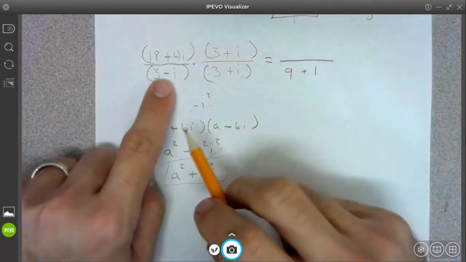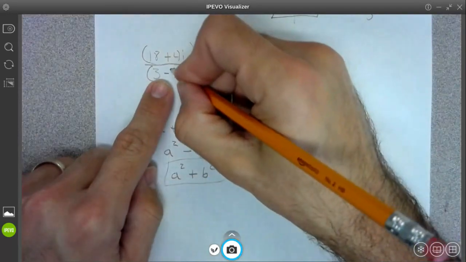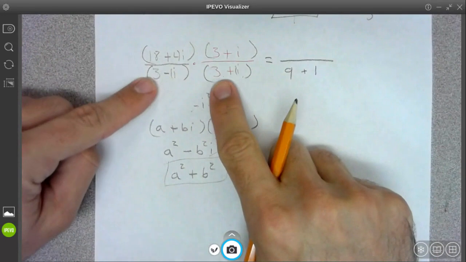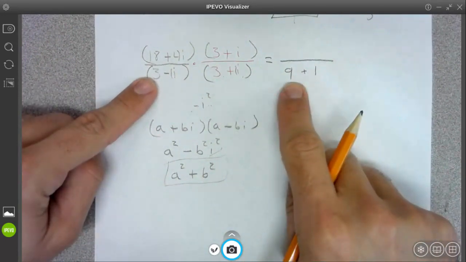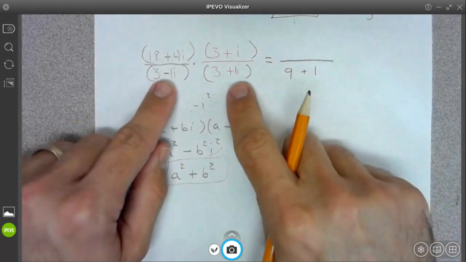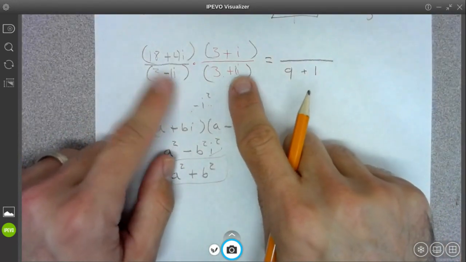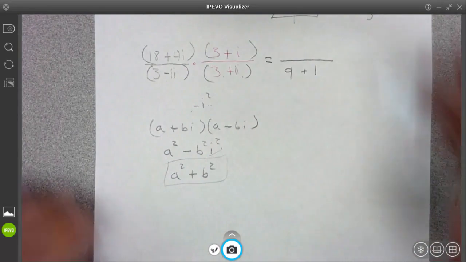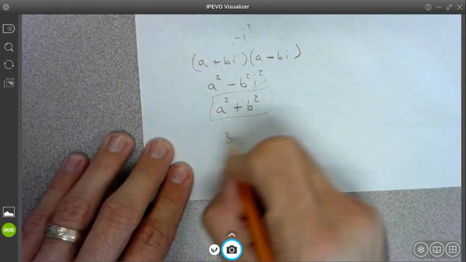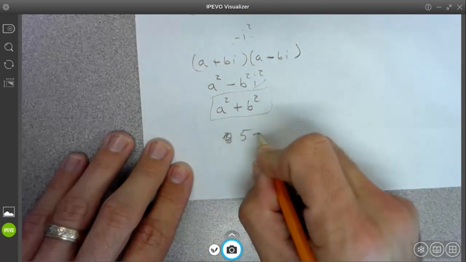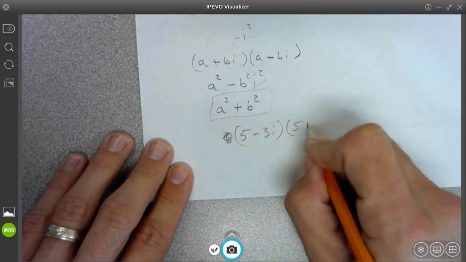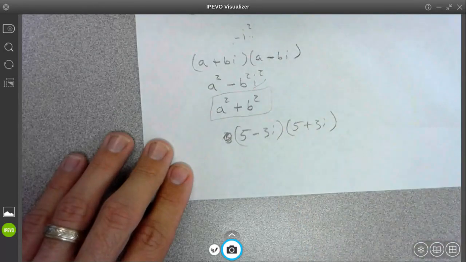So whatever the coefficient here is, like here it was a 1, it's going to be that 1 times itself, so you get 9. And then it's going to be a plus sign, and then whatever that coefficient is times itself. I'll show you real quick with an example. Let me do 5 minus 3i and 5 plus 3i.